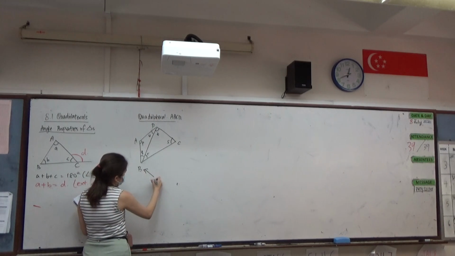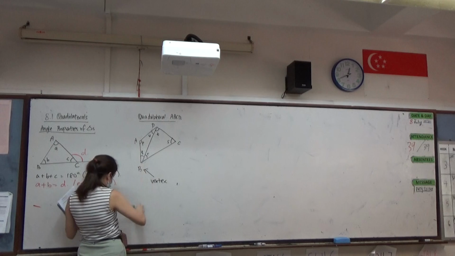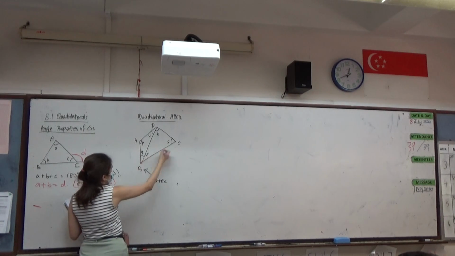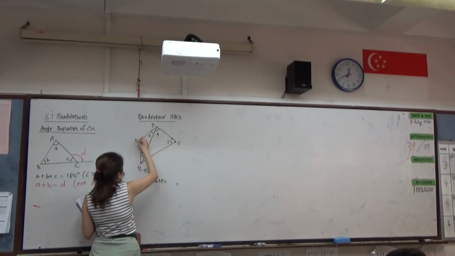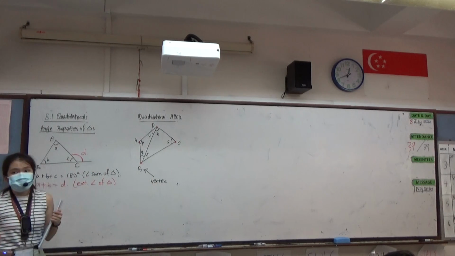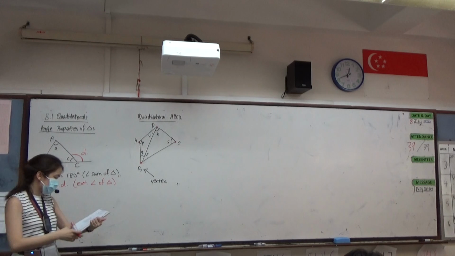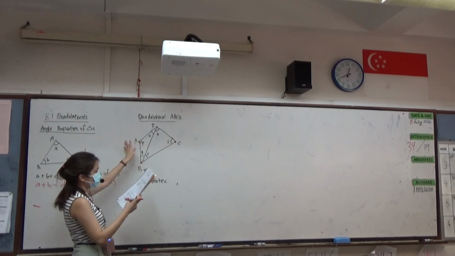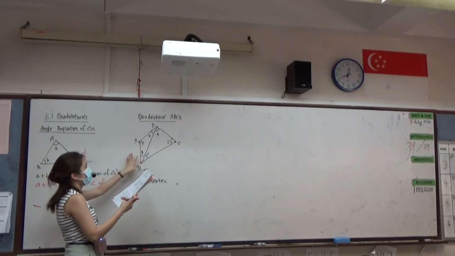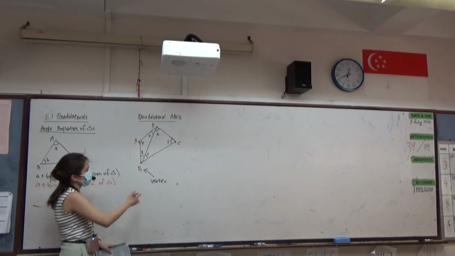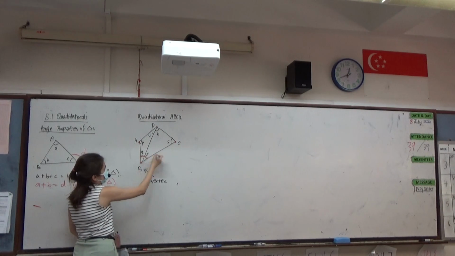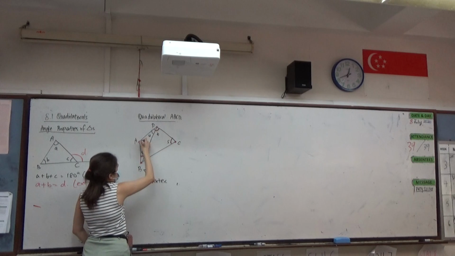In singular it is a vertex, and if there are more than one, the plural is vertices. There are four vertices, four sides, and also four interior angles. Interior angles refer to whatever is inside the quadrilateral itself.